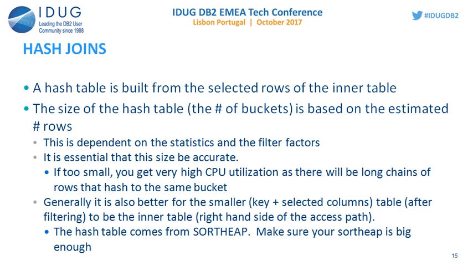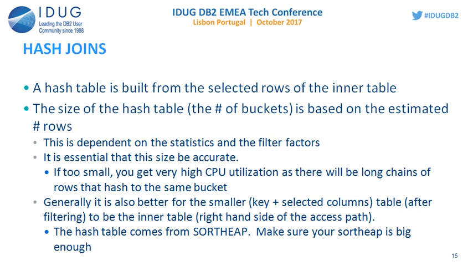Now, more than one key could hash to the same bucket, in which case DB2 will chain them together within that bucket. If you have 3, 5 keys hashed to the same bucket, that's no big deal. But if your hash table is way too small, you could end up with thousands of entries chained together within a bucket.